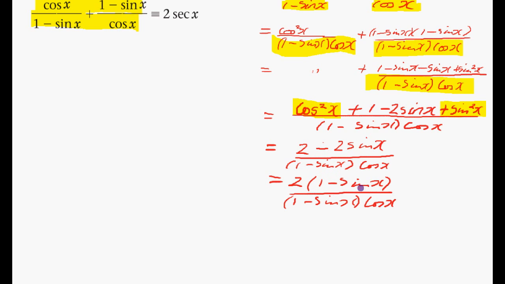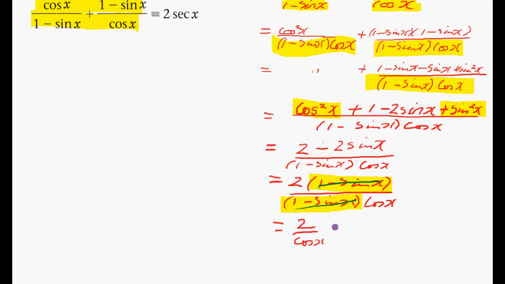Hence, taking the factor out leaves me this. Now, notice 1 minus sin x on top, and 1 minus sin x times cos on the bottom. So therefore, I can just cancel that out, because it's a factor top and bottom. This just leaves me with 2 over cos x.